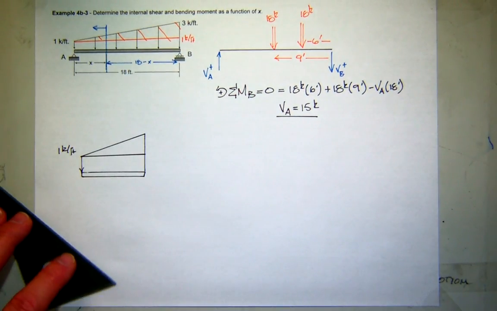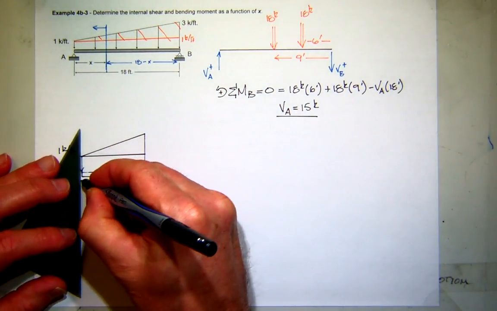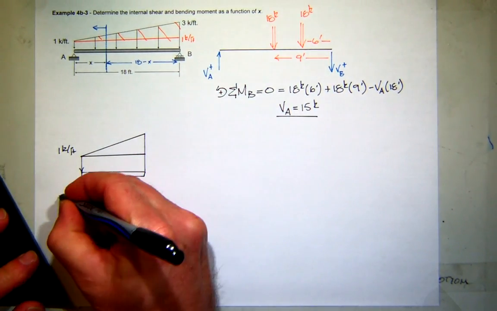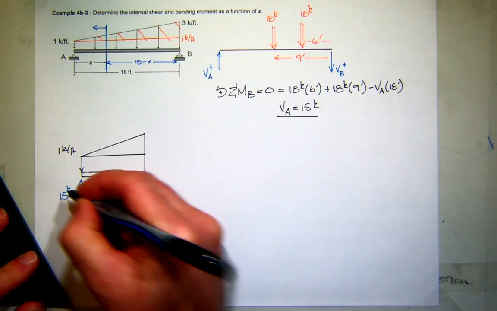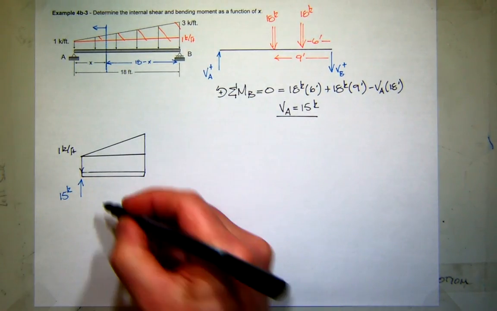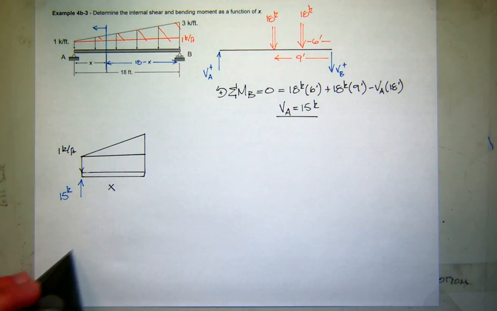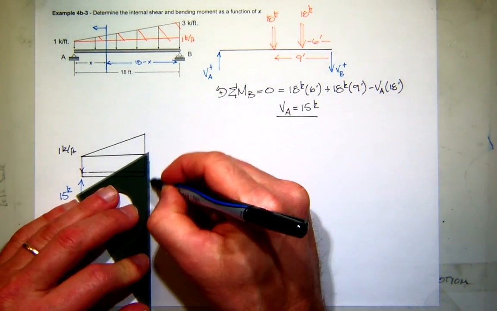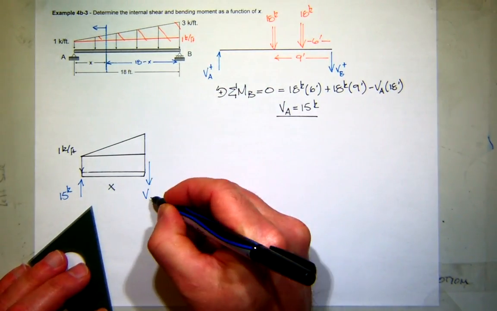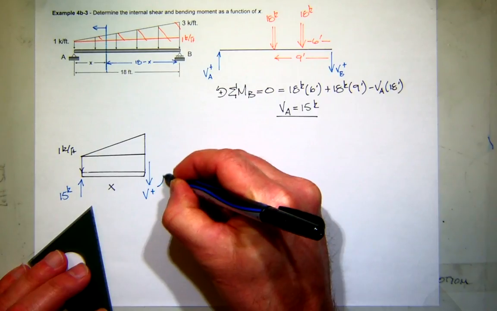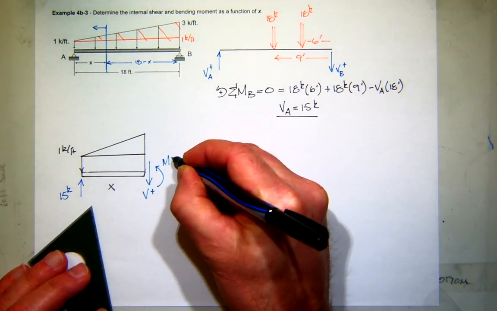I just found my shear, which is positive, and that's 15 kips. I'm making this cut at some distance x, and then internally I have positive shear and positive bending moment.